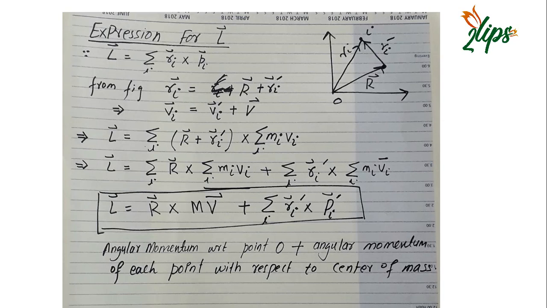The total angular momentum of a system of particles is equal to the first term, which is the angular momentum of the center of mass with respect to point O, plus the second term, which is the angular momentum with respect to the center of mass.